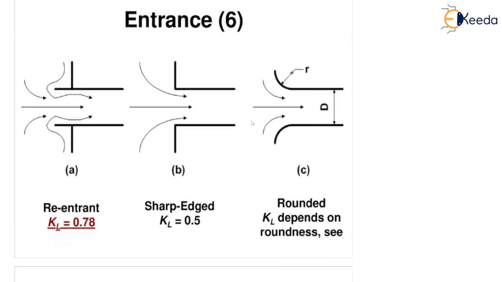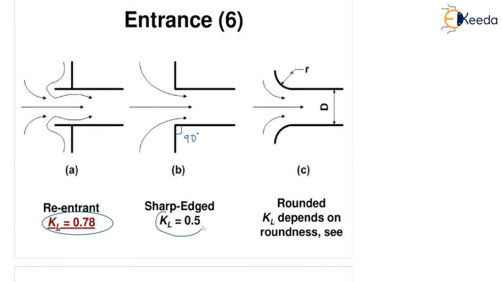Entrance examples are there. Already we have seen reentrant, right? Reentrant KL is 0.78. You can see the turn is almost 90 degree, 0.78, almost near to 80% also we have seen. Here you can see there's a 90 degree turn, sharp edge.